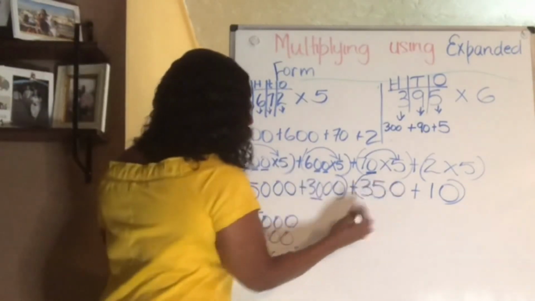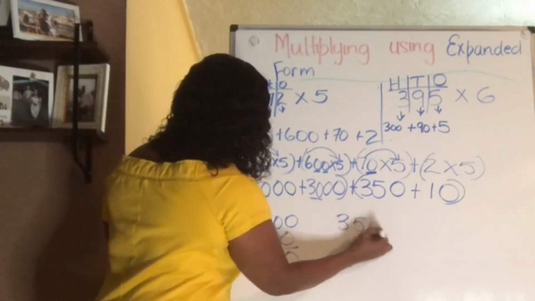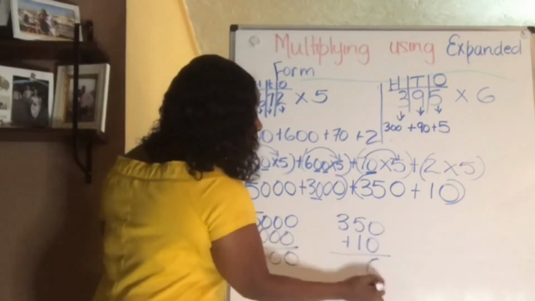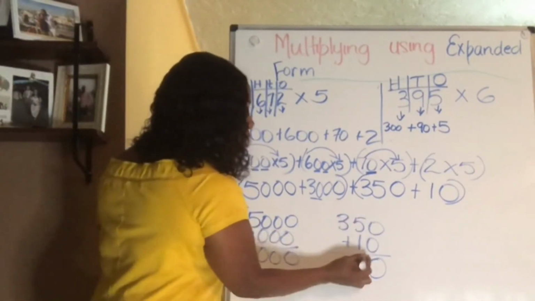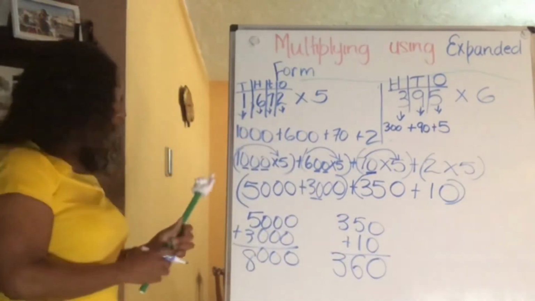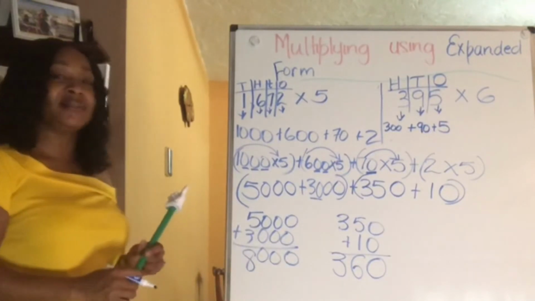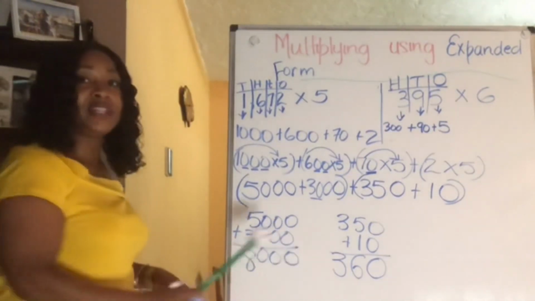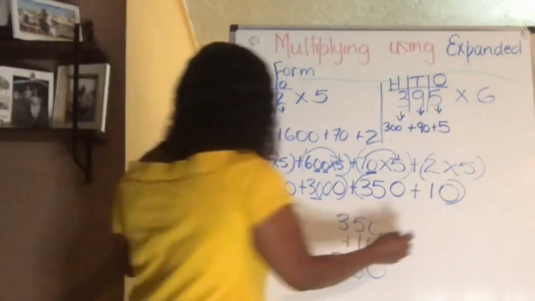Now I'm going to do 350 plus 10. 0 plus 0 is 0, 5 plus 1 is 6, 3 plus nothing is 3. Now these 2 cannot be my answers, so I need to go ahead, add both of them together in order to get my answer.